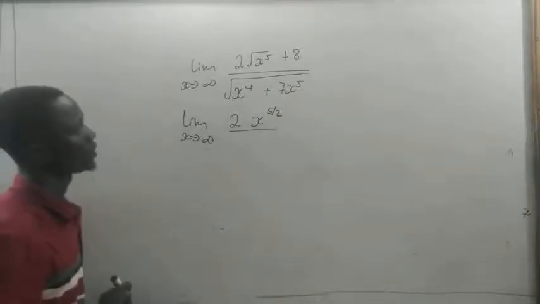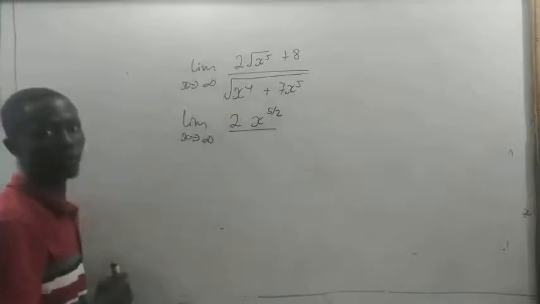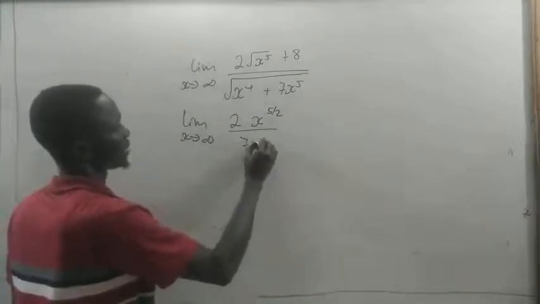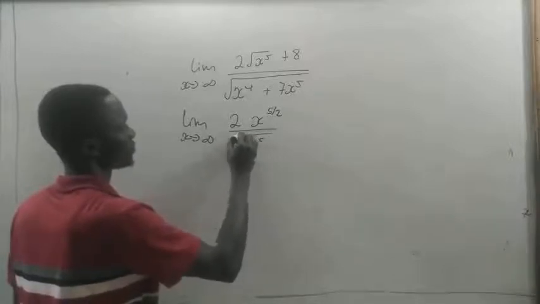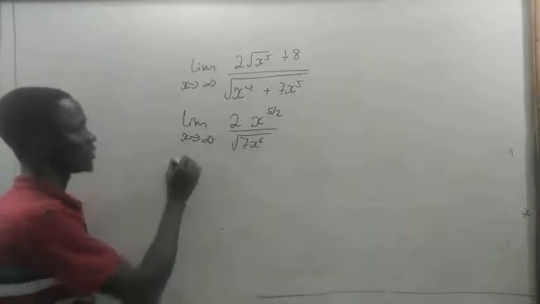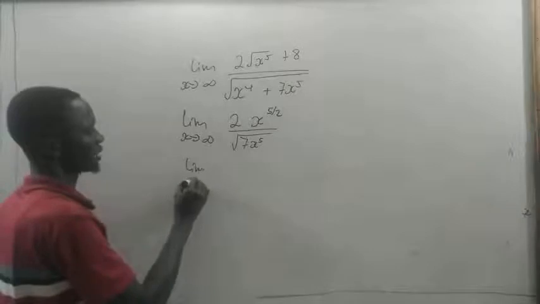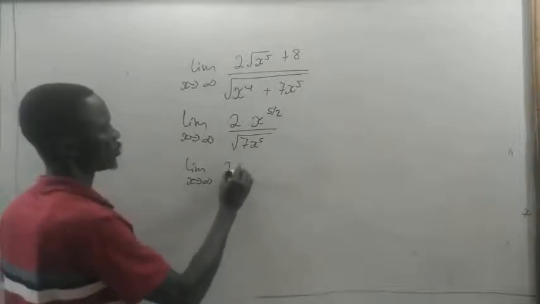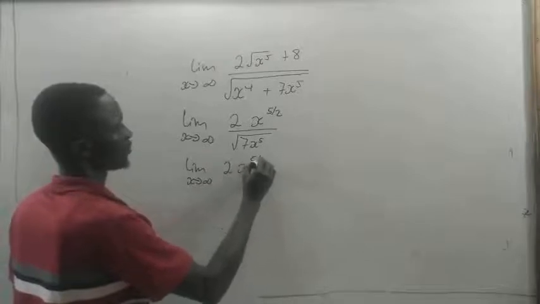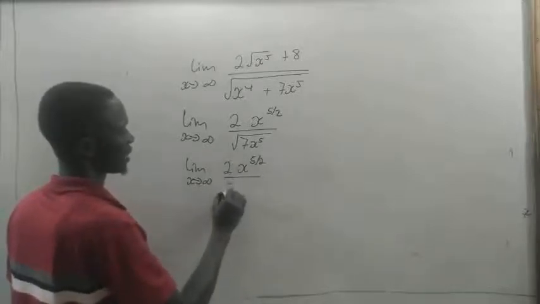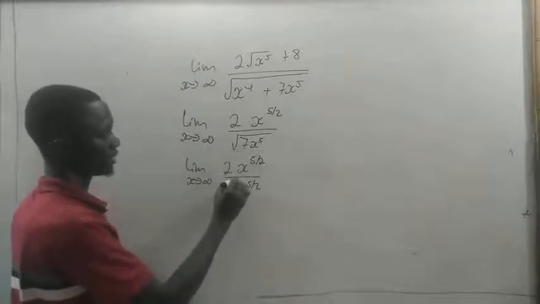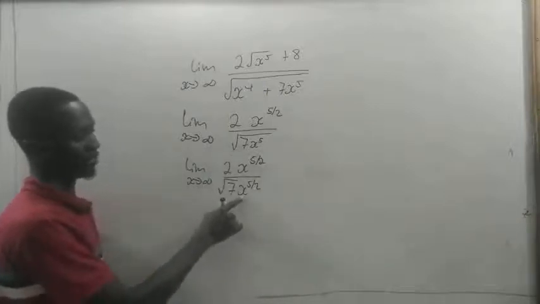You know x to the power 4, right? So you take 7x to the power 5 under the square root. So this will be the limit as x approaches infinity, 2x to the power 5 on 2 divided by 7x to the power 5 on 2 under the root. The square root of this will give us square root of 7.